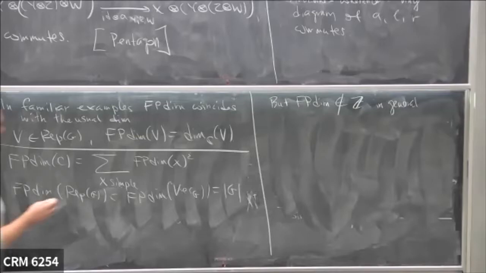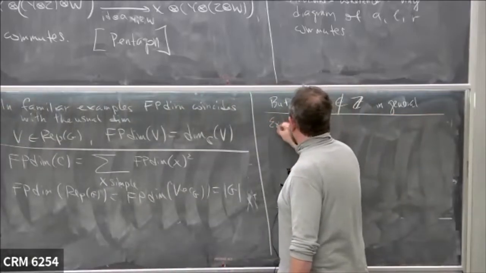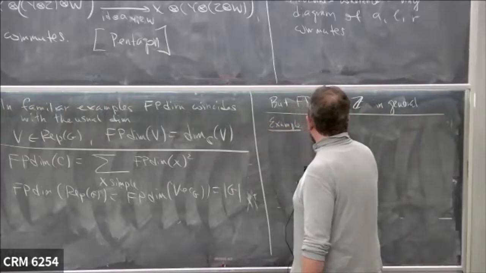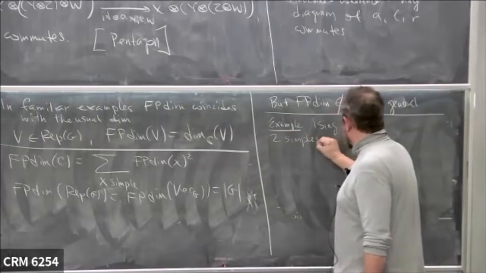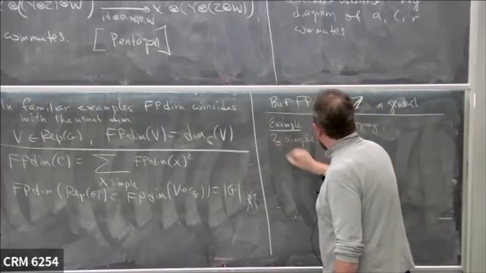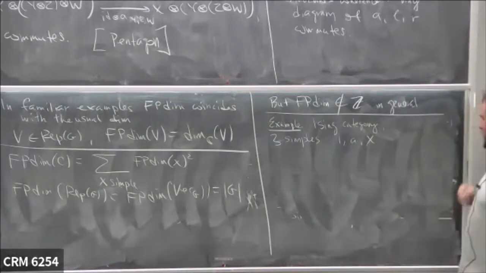Okay, so the smallest such example, and we'll see more of them later on, is the so-called Ising category, and it has three simple objects, 1, A, and X, and the following product rules.